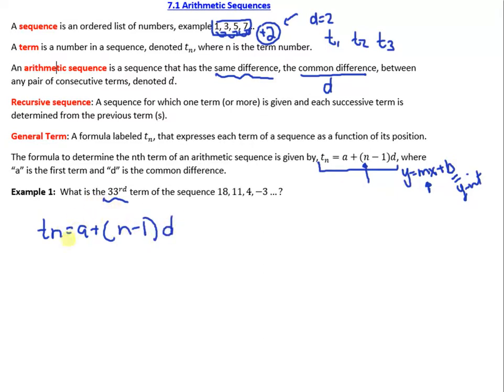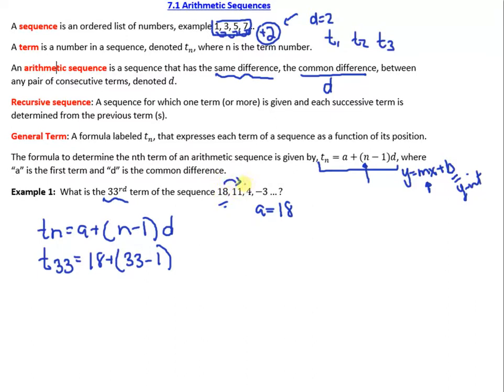So instead, we'll use T at n, the term at 33, that's what we're looking for. A is the first term, so that's 18. So we know A equals 18 here. 18 plus 33 minus 1, and then D. D is the common difference.